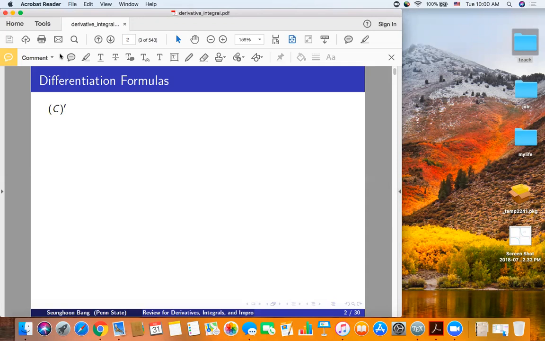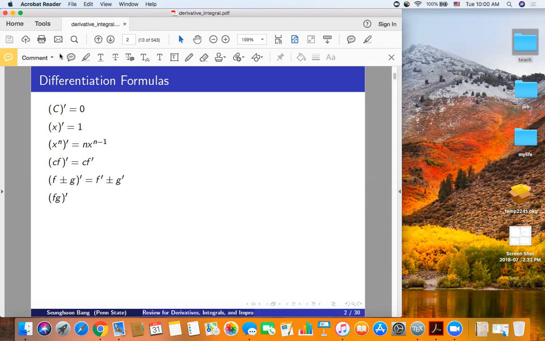C prime equals 0, x prime equals 1, x to the power n prime is n times x to the n minus 1, c times f prime is c times f prime, f plus or minus g prime is f prime plus or minus g prime.